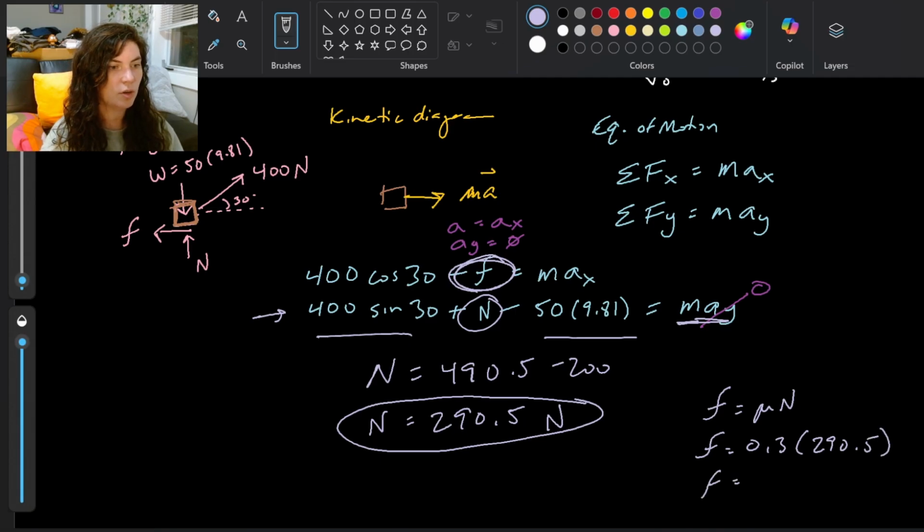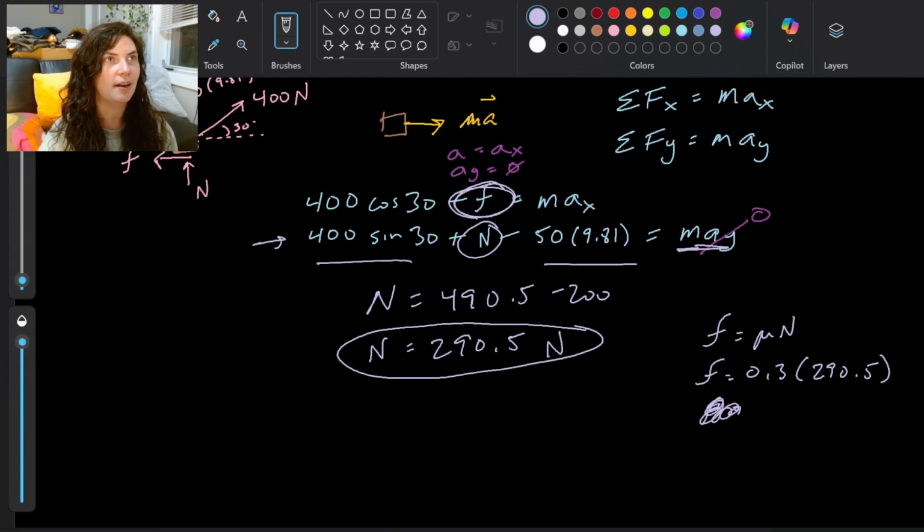So the frictional force is going to be a number that I do not have in front of me. So I'm just going to leave it like that. I did not type it into my calculator. That's okay. Let's make a little substitution. We're just going to put this guy in here.